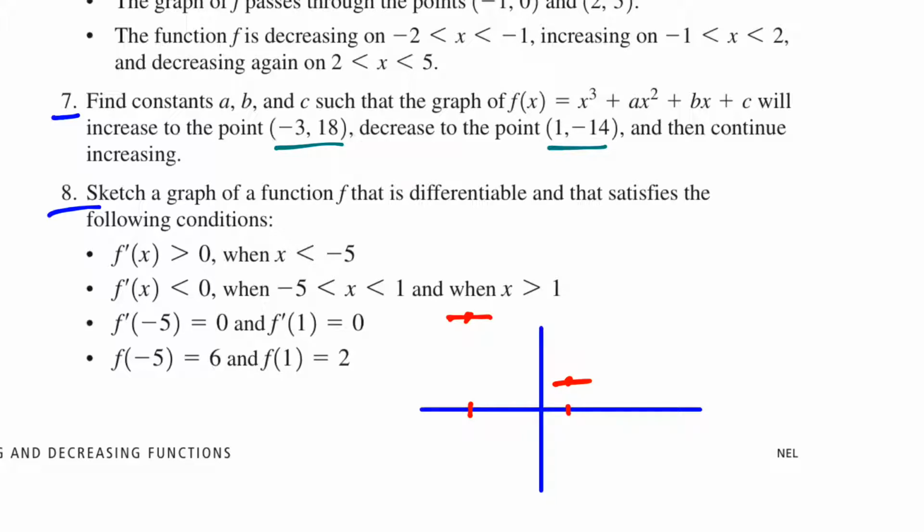When x is less than negative 5, it is increasing.